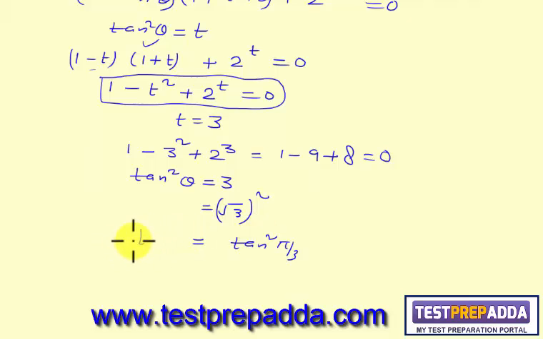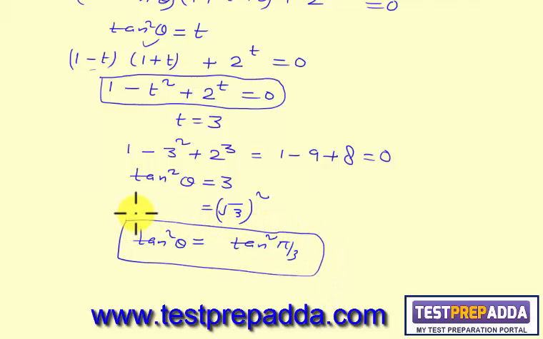So if you now look at this equation, it becomes tan square theta is equal to tan square pi by 3. Recall the standard equation, tan square theta is equal to tan square alpha. In that case, theta was n pi plus minus alpha.